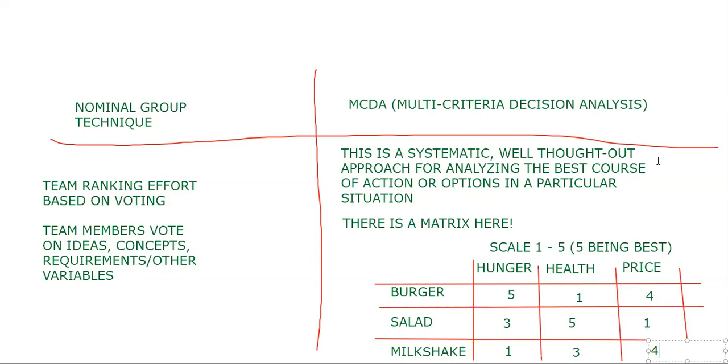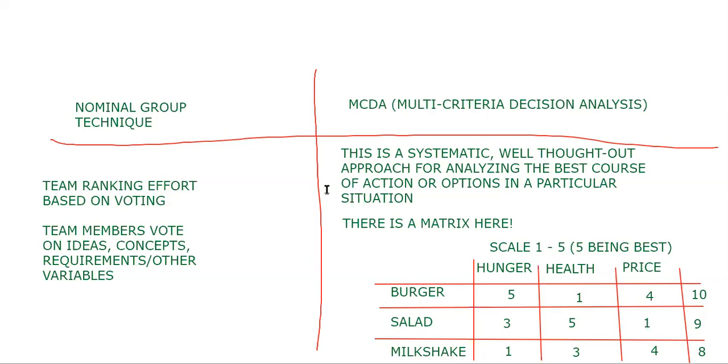So when you do this, what you see is a total. I have a 10 for the burger. I have a 9 for the salad. And I have an 8 for the milkshake. Unfortunately, the burger has won by my MCDA, the way I have chosen to score these items.